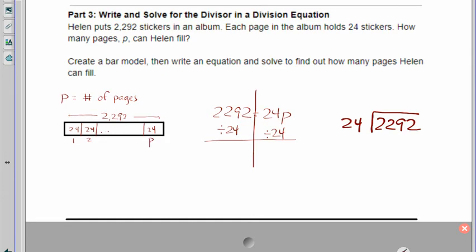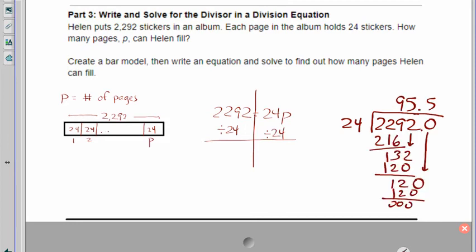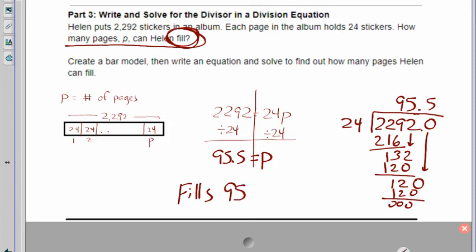So I have to divide 2,292 by 24. And when I do so, I get a P on this side, and I get 95 and 5/10 on the other side. And so I go back to my original question, and it asks how many pages can she fill? Well, she can fill 95 pages. And then she has some stickers left over.